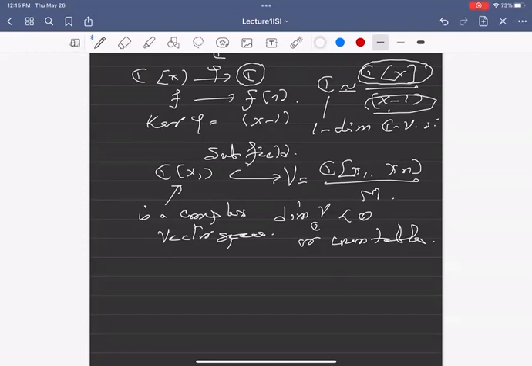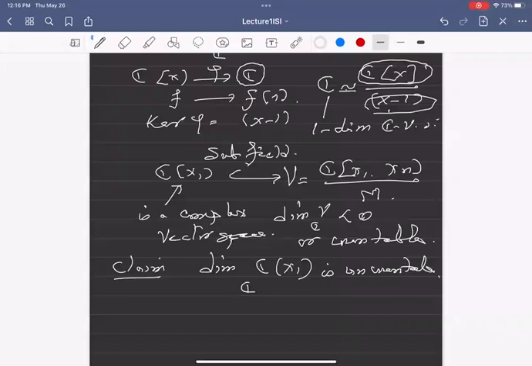Okay. Now let me show that the dimension of C(x1) over C is uncountable. And that will be a contradiction.